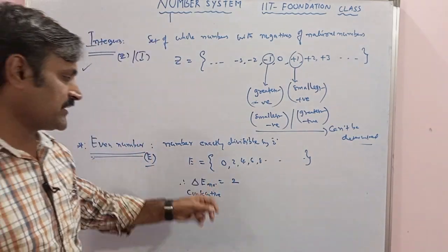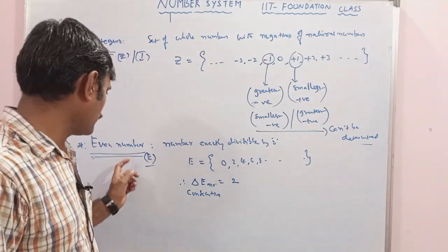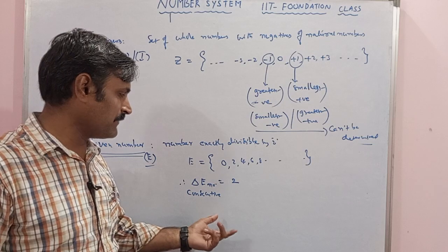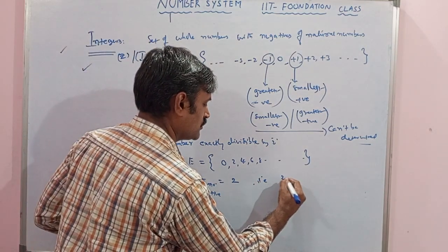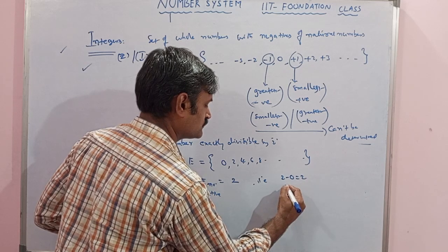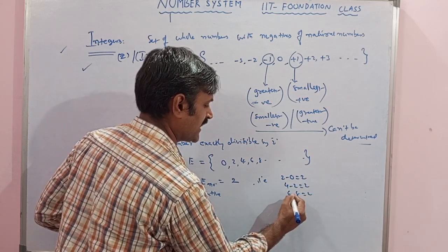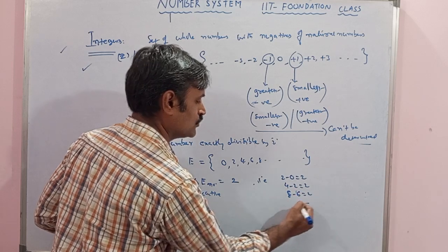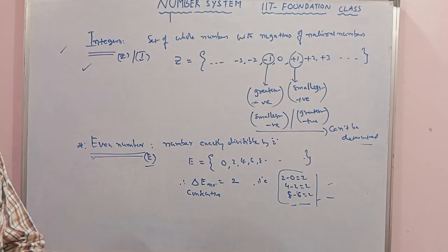Like the difference between any two consecutive natural numbers is 1, the difference between any two consecutive even numbers is 2. How is it possible? 2 minus 0 is 2, 4 minus 2 is 2, 8 minus 6 is 2. Like that we can continue. So this is one small example for that.